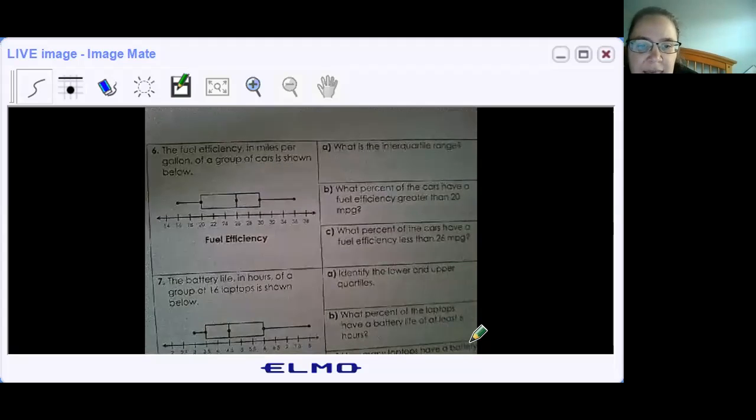What is the interquartile range? What percent of cars have a fuel efficiency greater than 20 miles per gallon? What percent of cars have a fuel efficiency less than 26 miles per gallon? So I'm going to give you about 3 minutes to answer those 3 questions based on the picture you have.